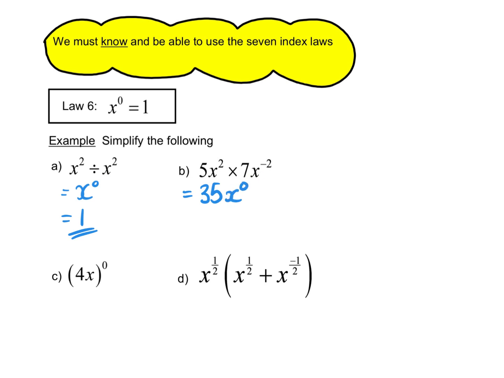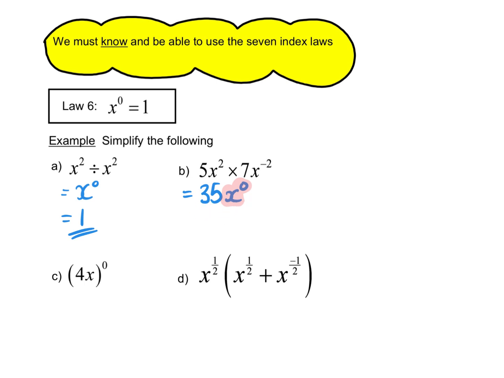Now, we need to be a little bit careful here, because a lot of people might think, well, that's something to the power of 0, and therefore this whole thing is just going to become 1. But actually, the only part that's to the power of 0 is this part here. That little power of 0 is only affecting the x. It's got absolutely nothing to do with this 35. So that x to the power of 0, the bit I've highlighted in pink, will become 1, but it's still being multiplied by 35.